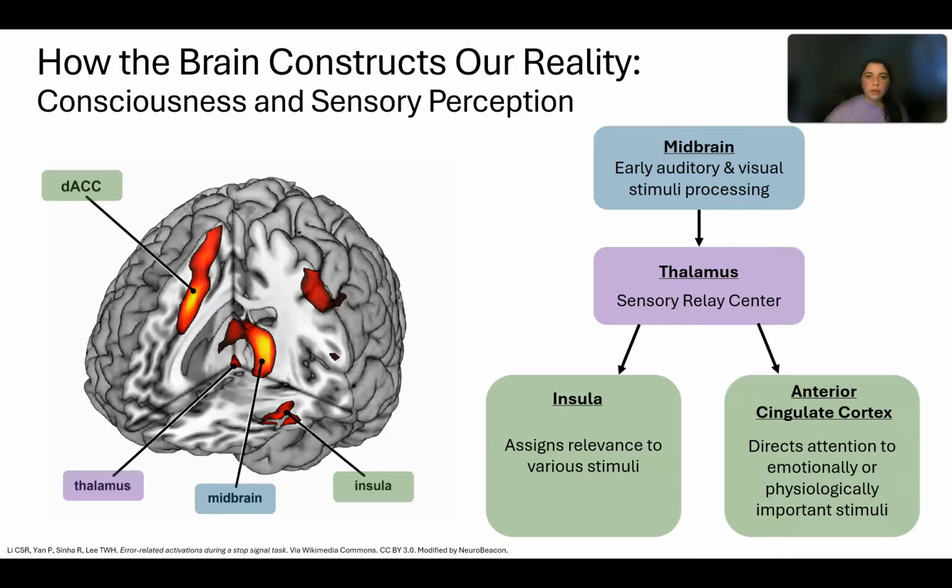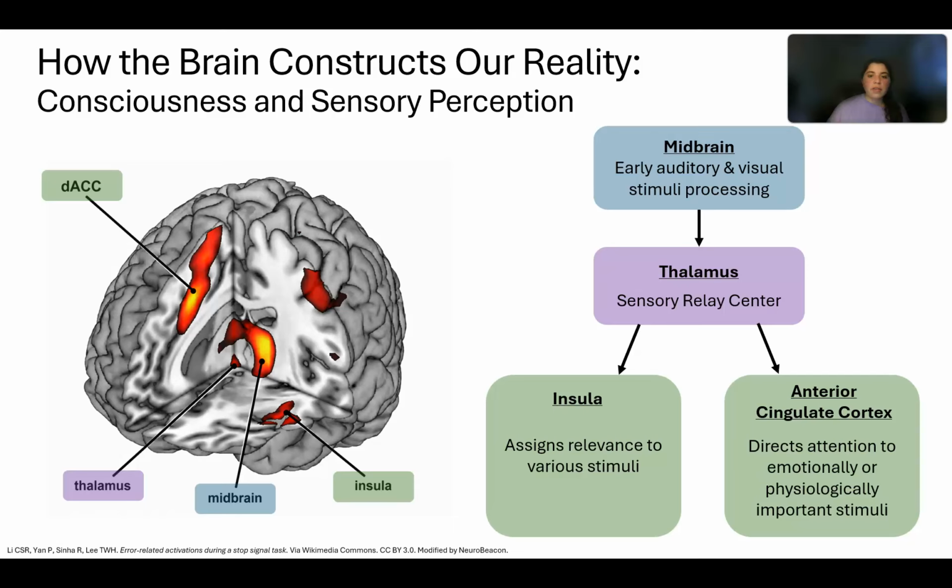So, for example, let's say that there's a grizzly bear coming towards you, and that grizzly bear is obviously going to have very important relevance for your physiological well-being. And so that's an instance of when the central executive network would need to be engaged to allow you to navigate that important external circumstance.